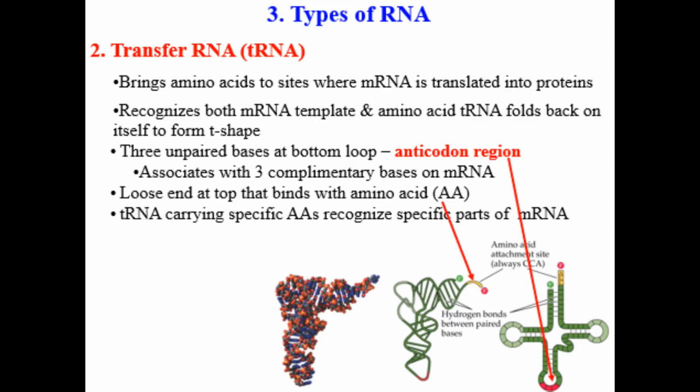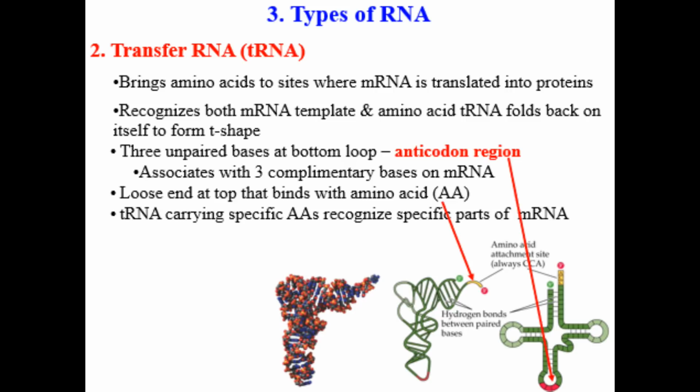So there's a transfer RNA that's got an anticodon region of three specific bases. And the other thing that this transfer RNA has on it is an amino acid. It's formed a bond with an amino acid, so it's carrying an amino acid to the ribosome.